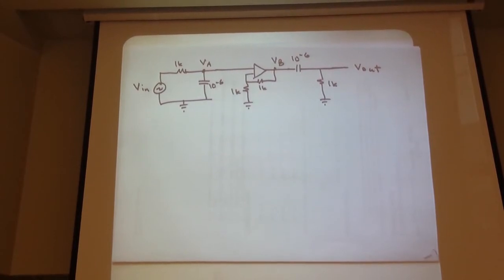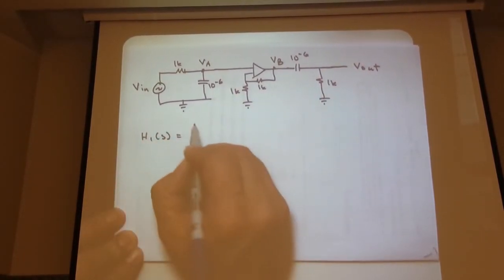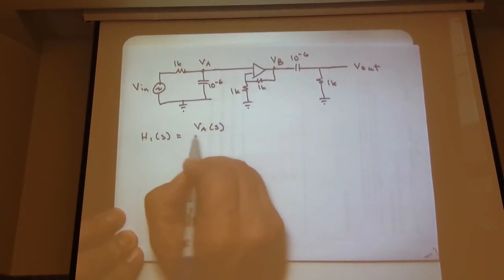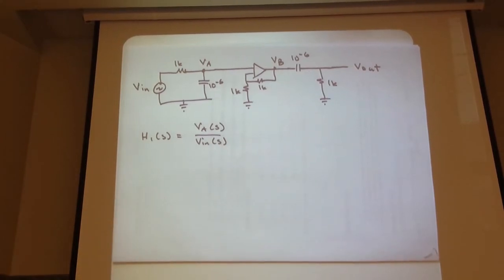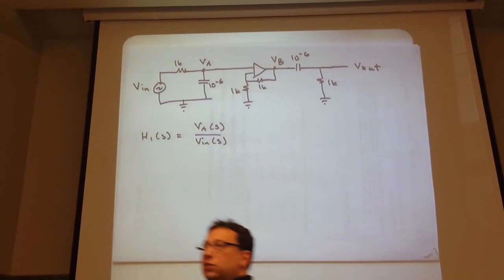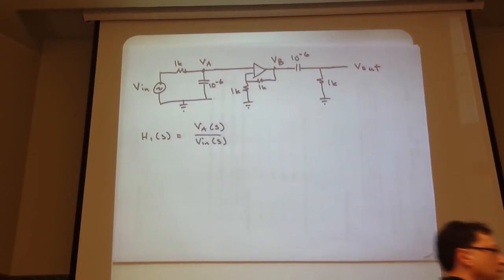So if we call maybe H1(s) equals VA(s) over Vin(s). That's a reasonable thing to do. I mean, a transfer function can be defined as anything, right? So if we just define H1 as the voltage at A over the input, that's still a transfer function.